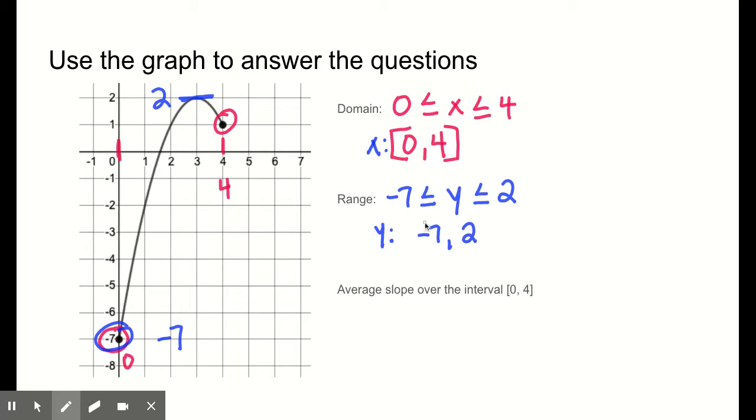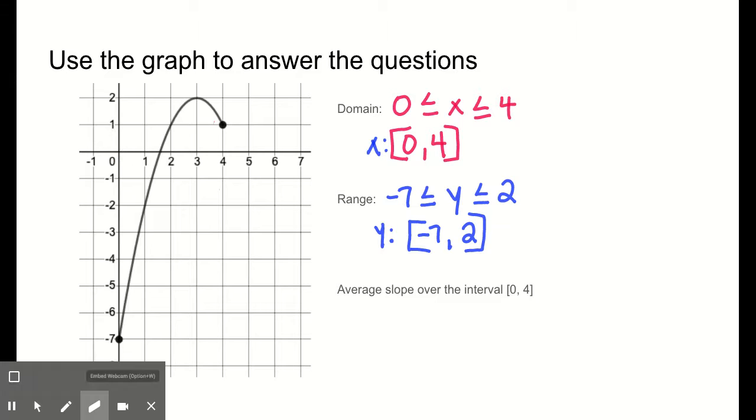And again, they're both equal to at those values, so we use brackets. So that is our domain and range. Now for the increasing and for the average slope, let me erase this stuff so that I can mark up my graph with different color and it's not totally crazy.